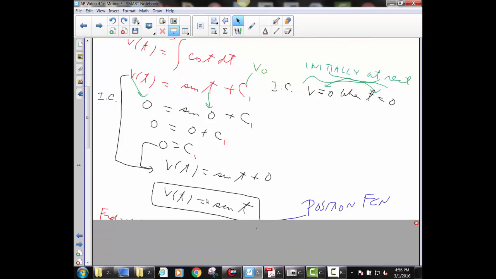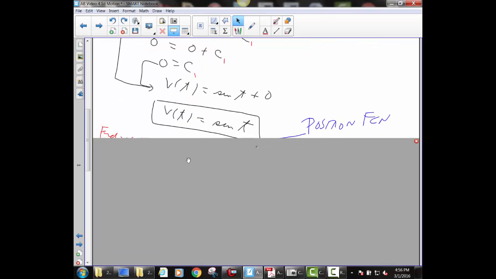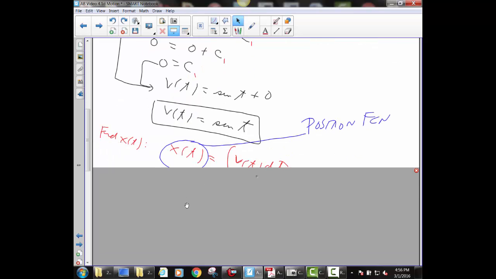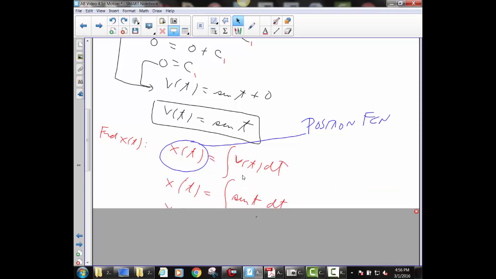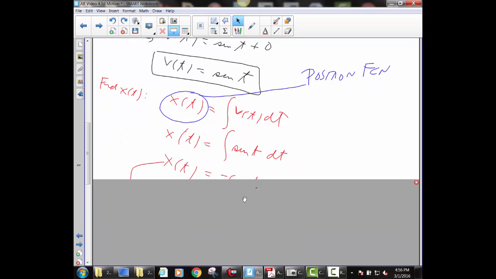Now they also wanted the position function. So to get the position function, since the derivative of the position function is the velocity function, then the position function is the antiderivative of the, did I do that right? Yes, of the velocity function. So we're going to integrate our newly found velocity function sine t dt.